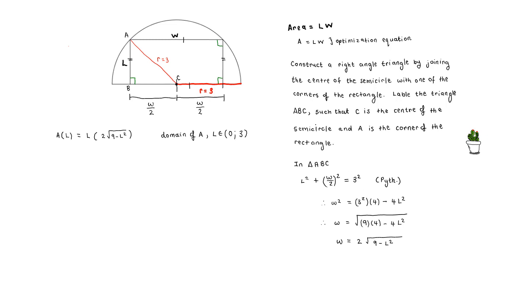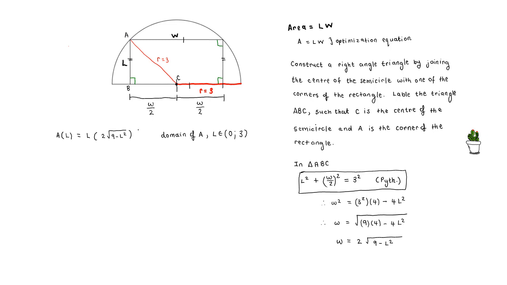If we have that L is 3, then that means that we have no width, because in order for the Pythagoras equation to still hold, if you're saying that L is 3, then you have 3 squared. For the equality to still hold, this must then be 0. So that means that we are not going to have a width, which means we have no rectangle. So the domain of our area function is going to be L, an element between 0 and 3.